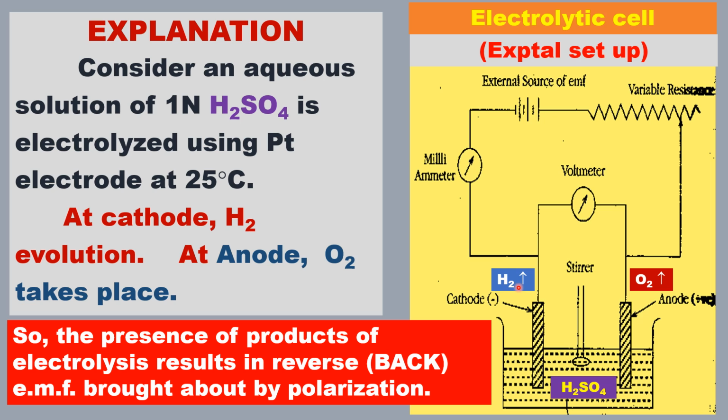For example, the hydrogen evolved is adsorbed on the electrode surface, and H+ ion is there. So instead of an electrolytic cell, it will form a galvanic cell, that is, a hydrogen gas electrode. The electrode that is the cathode in the electrolytic cell will act as the anode in the galvanic cell.